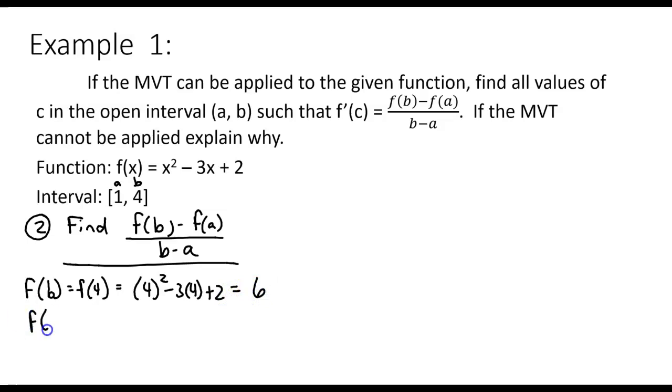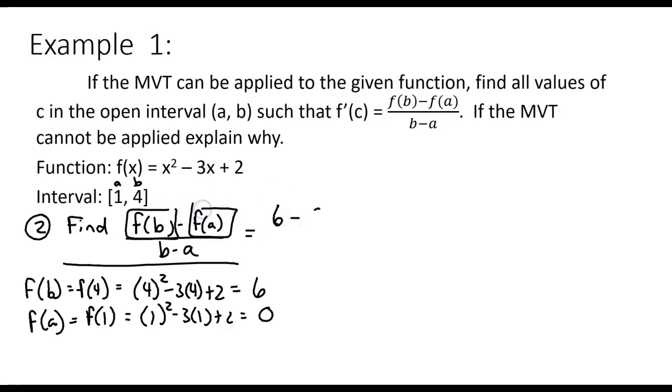Now I need to find f of a, and since a is 1 in this problem, we're going to be plugging 1 into our function. 1 squared is 1, minus 3 is negative 2, plus 2 is 0. So f of a would be 0. So then plugging all this stuff into my little formula here, we just found out what f of b is. F of b was 6. F of a was 0.